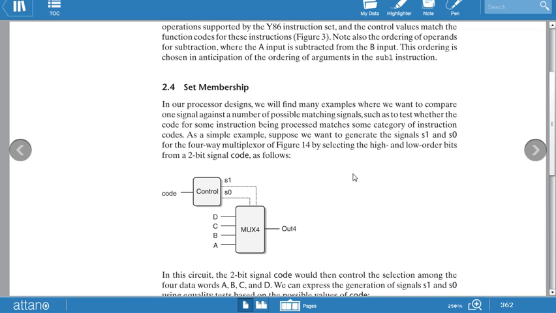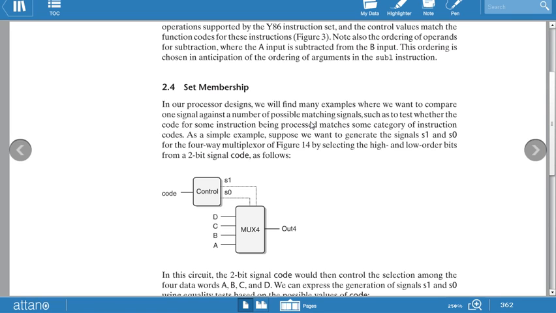Next topic is set membership. So let's start with the next topic, that is set membership. In our processor designs, we will find many examples where we want to compare one signal against a number of multiple signals, as I explained earlier with multiplexer and demultiplexer.